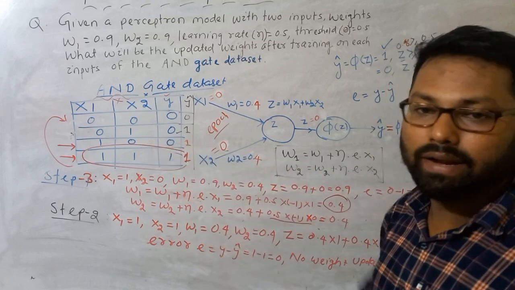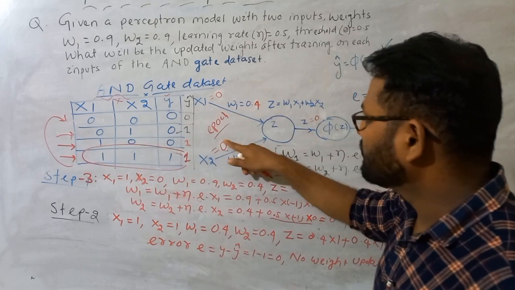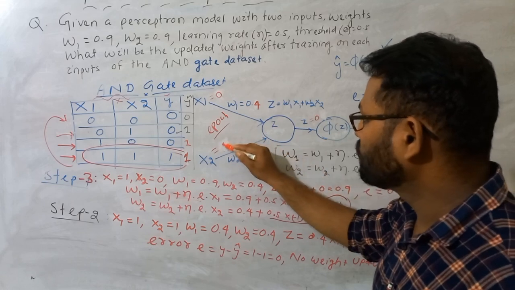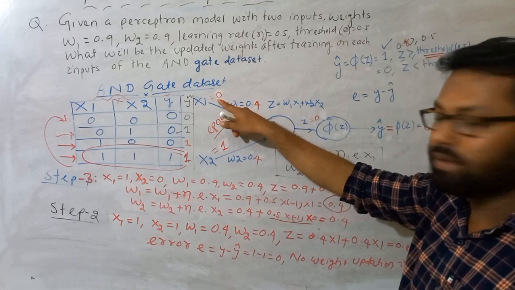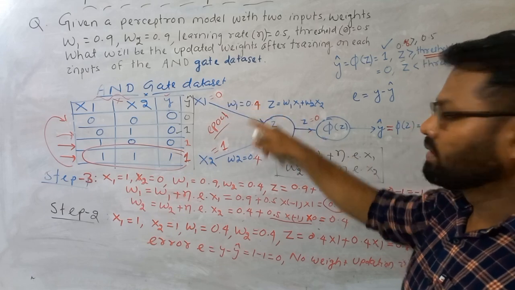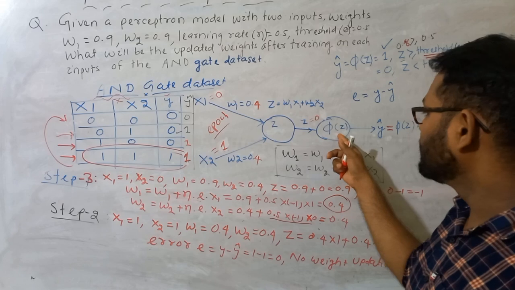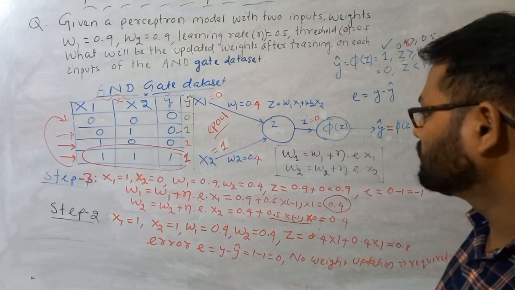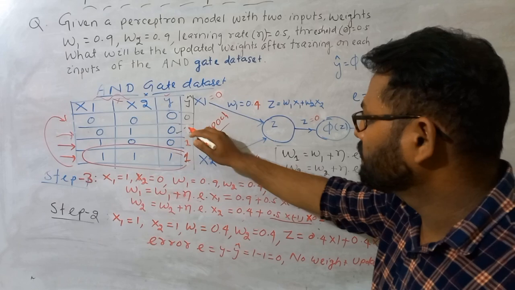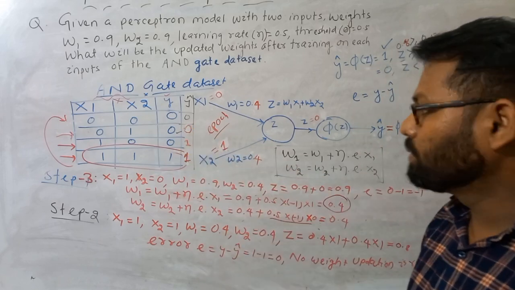Now coming to the second training sample. If I provide x1 is 0 and x2 equal to 1, and the weights are 0.4, 0.4, the multiplication part with 0 is 0. Now consider 0.4 into 1, that is 0.4, which is less than your threshold 0.5. So the prediction value is obviously 0, and both the prediction and the real output are the same.